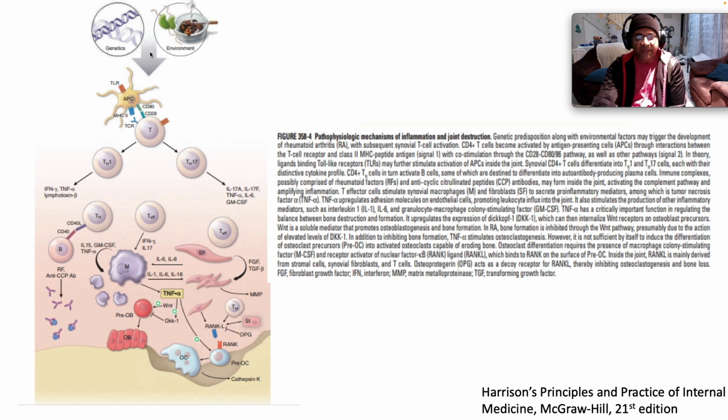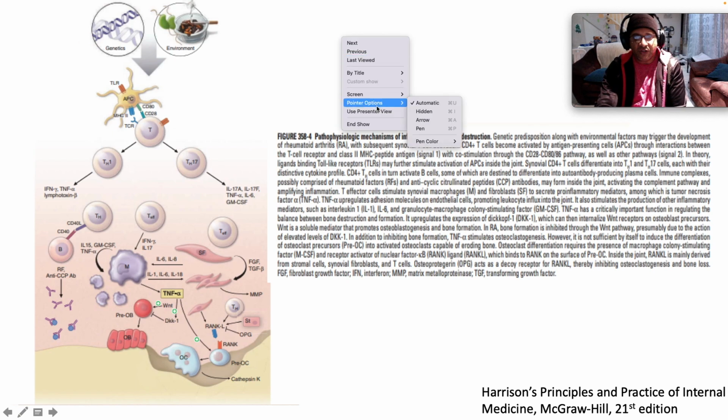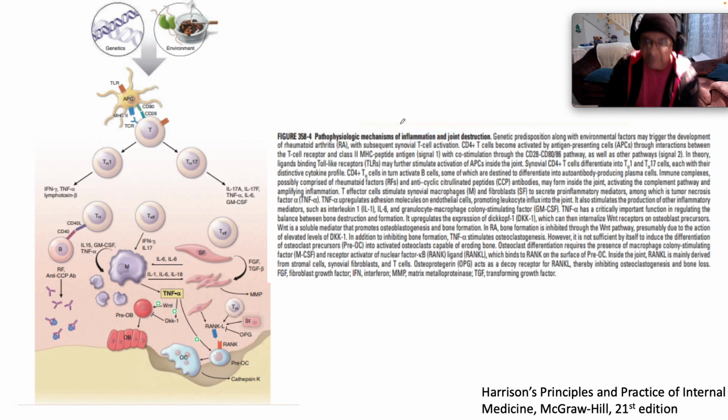Looking at the pathobiology behind the inflammation and the joint destruction, let's have a close look at this. A genetic predisposition along with environmental factors, the famous two, may trigger the development of rheumatoid arthritis with subsequent synovial T cell activation.